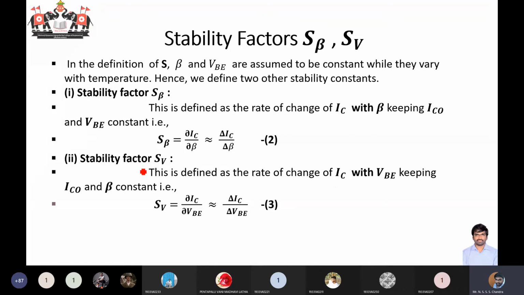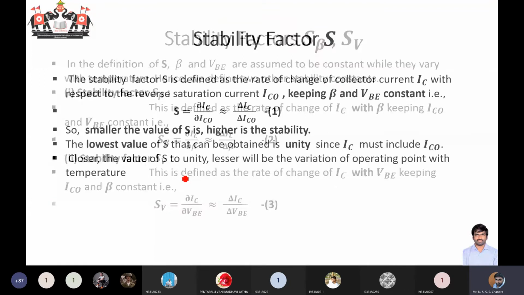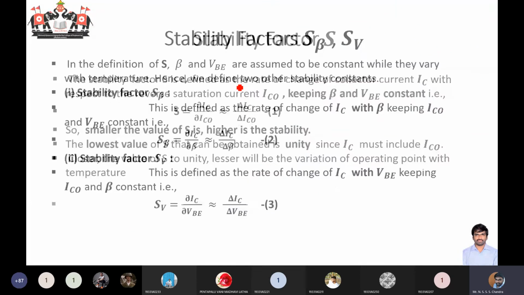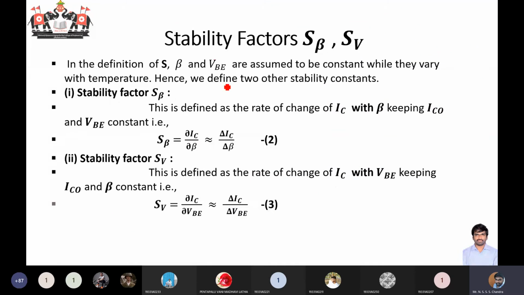It is ∂IC/∂VBE, or ΔIC/ΔVBE. So we need to derive some equations: an expression for the stability factor S and an expression for S beta now.